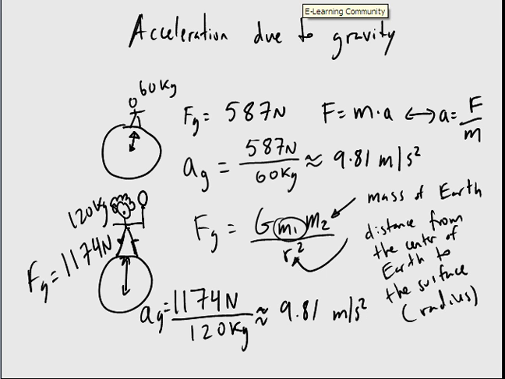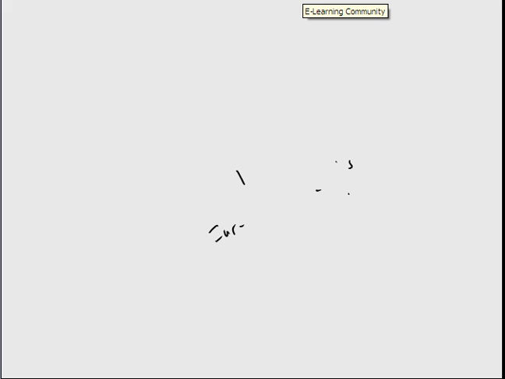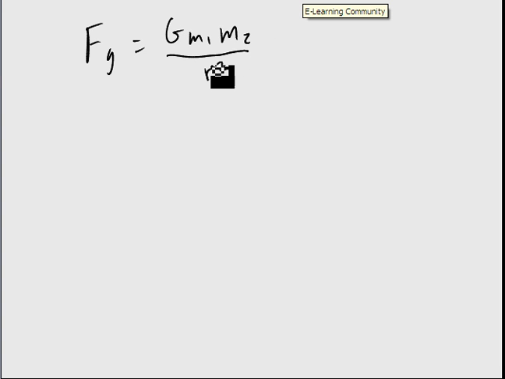How does that work? Well, remember, what we're doing here is kind of a two-step problem. We're finding the force using Newton's equation, and then we're finding acceleration using Newton's other equation.